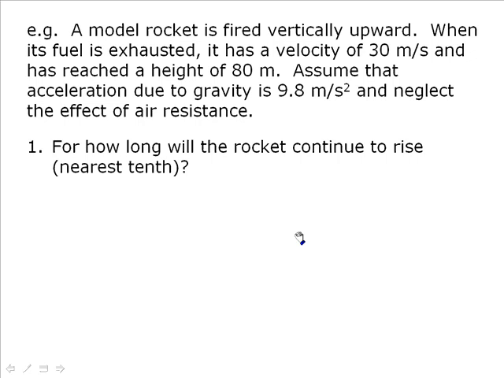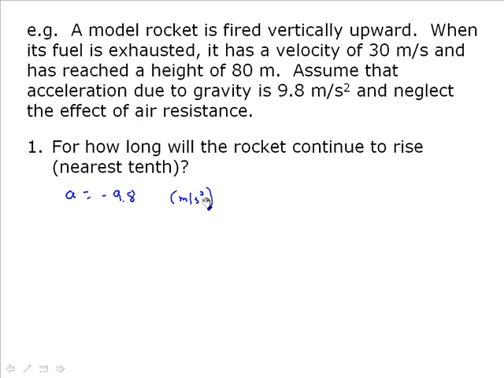So we want to find out how long will the rocket continue to rise after the fuel has exhausted. So we don't have a net force issue anymore. We've just got the force due to gravity. Now where you start with these almost always is working with the acceleration. The acceleration is equal to -9.8 meters per second squared.